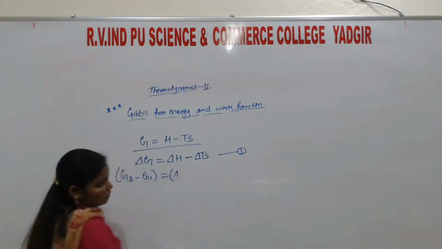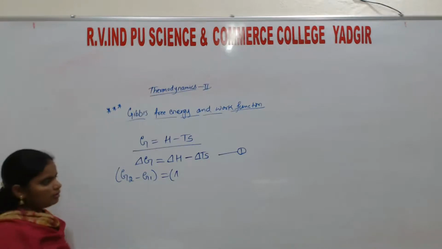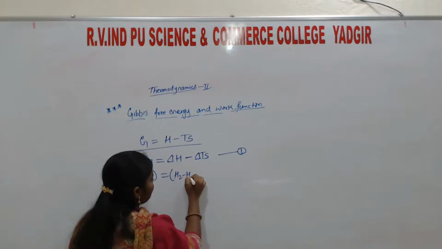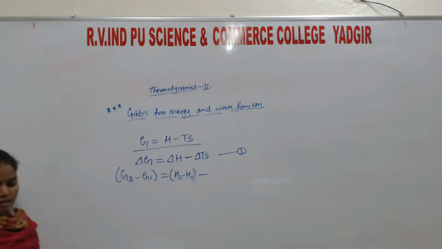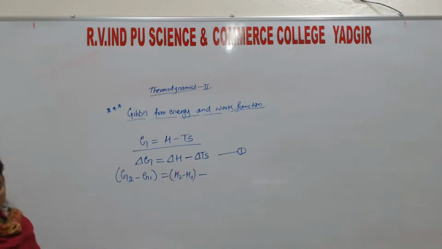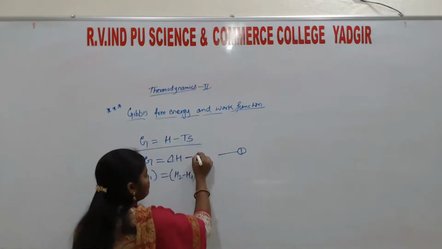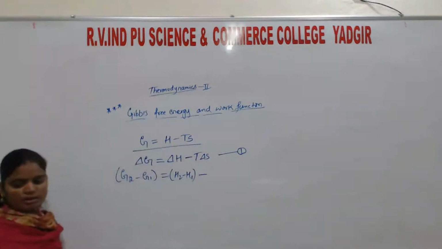H2 minus H1 minus delta T, so here I write this as T into delta S, where T is the absolute temperature.